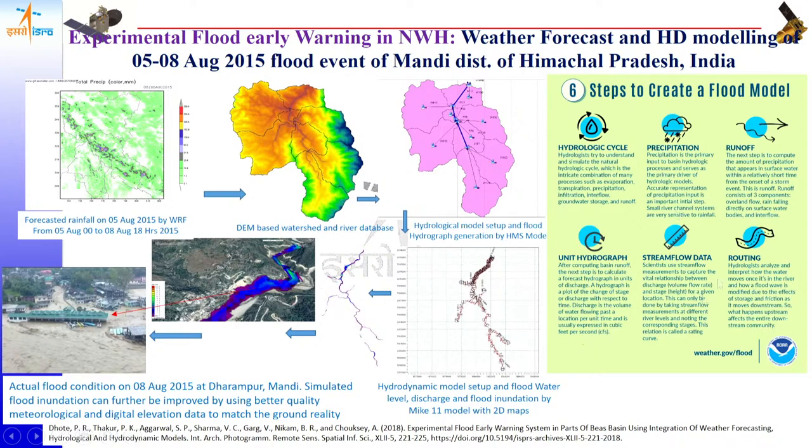So these are some of the steps which are used to generate the flood model. For example, from the precipitation you generate the runoff. That runoff has to be generated, and how much excess runoff is converted into the river system is computed through the unit hydrograph, and then using some streamflow data we measure, we do the routing from point 1 to point 2, how the water will flow.